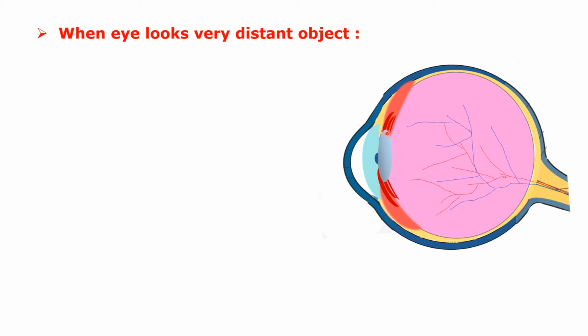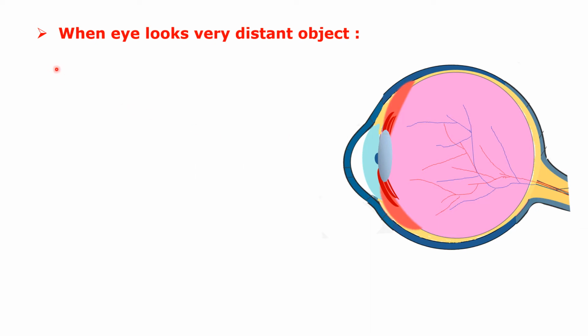Then the eye lens will become larger. Here is the convex lens. The size of the lens will become larger. Now you compare this size and later size. You can see the size is more.